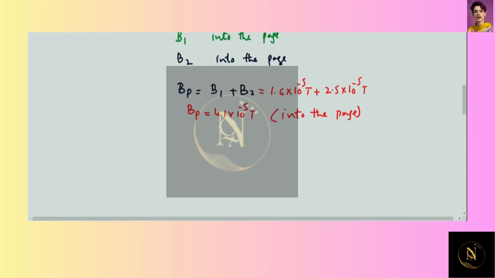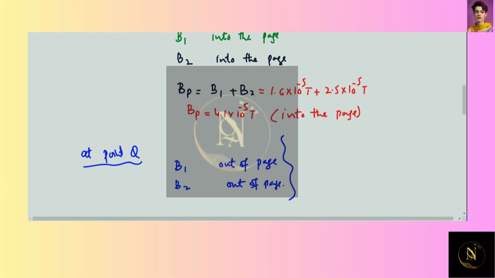Similarly, we can find the magnetic field at point Q. The wire 1 produces magnetic field at point Q that is out of the page. Also, the wire 2 produces magnetic field which is out of the page.